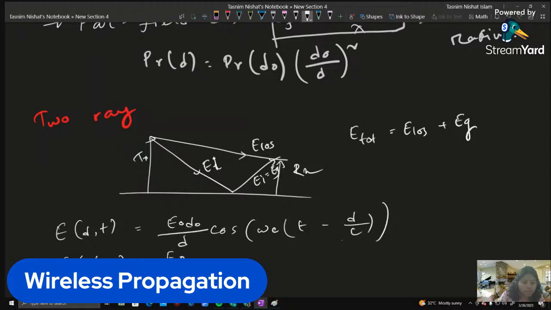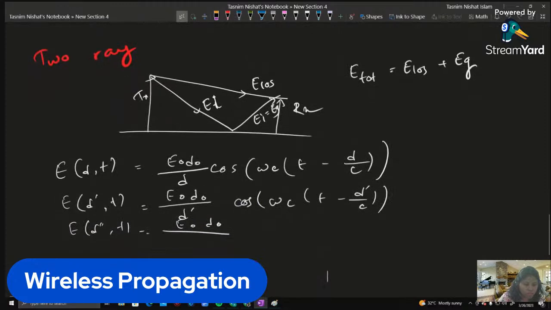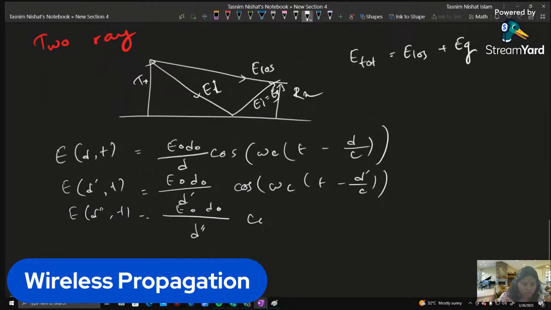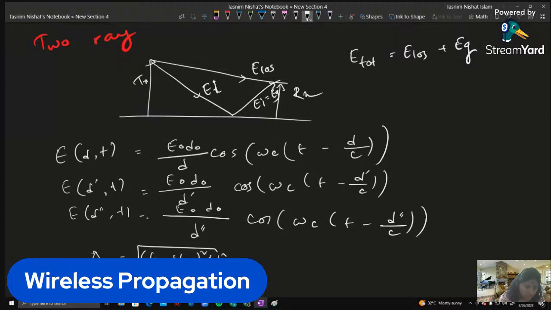and we will continue it for the other ones too, and another. And then we have delta equal to square root of (ht plus hr) whole squared plus d squared.